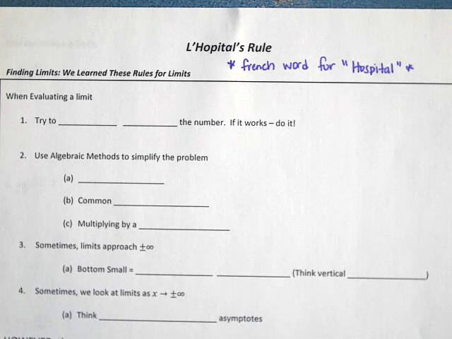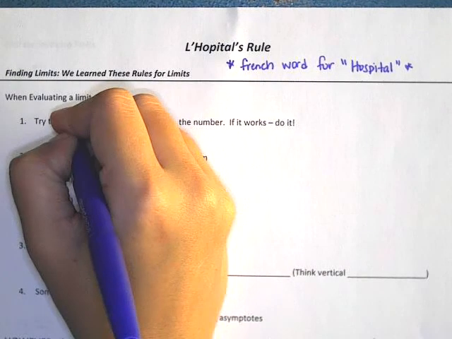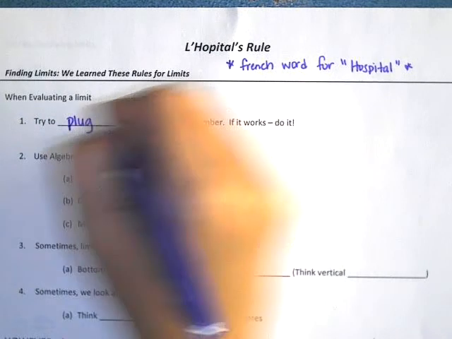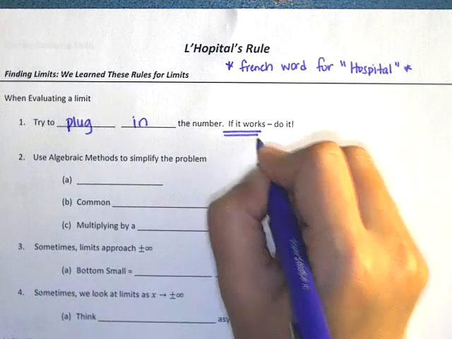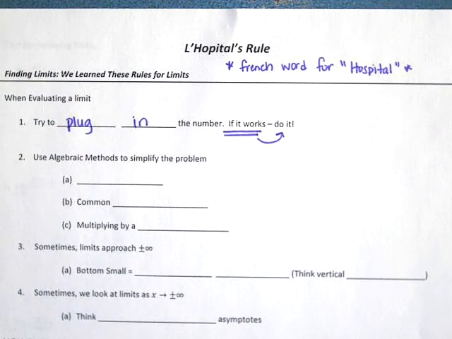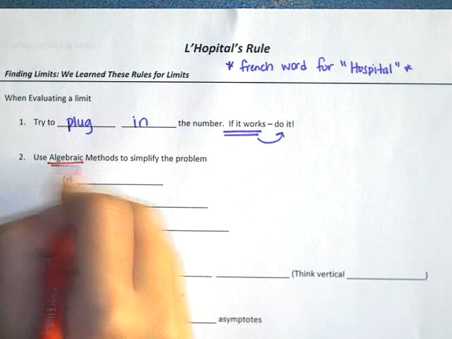If we think back, here's what we already learned about limits. You have to stretch way back to chapter 2. When you are evaluating a limit, the number one rule is try to plug in the number. If it works, then do it. If you try to plug it in and it doesn't work, try to use algebra to fix it.